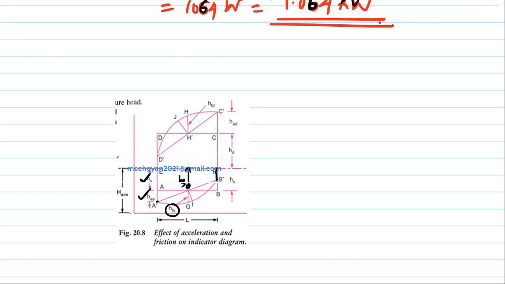Similarly, during delivery stroke, it is HD plus HAD here, HD plus HFD here, and HD minus HAD here. Now the atmospheric pressure is 10.3 meters of water. So below this you have to subtract, above this you have to add, and write the final answer.